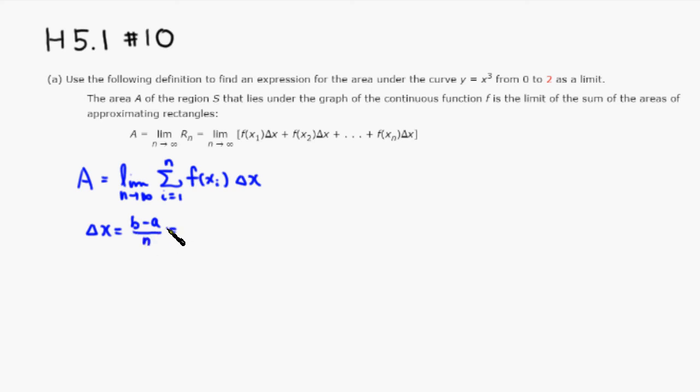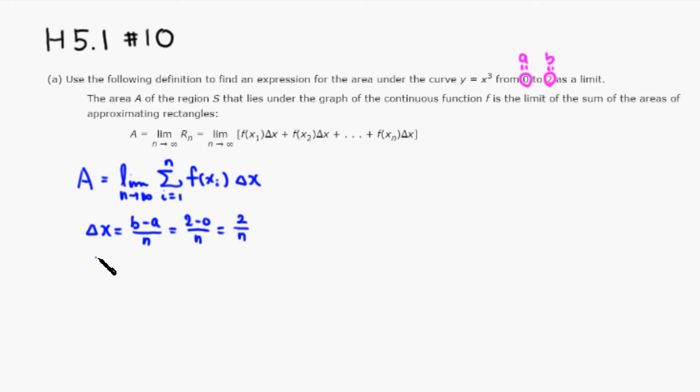In this case, a is 0 and b is 2. So we have 2 minus 0 over n, which is equal to 2 over n.